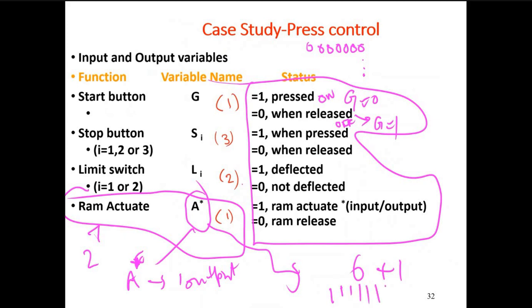This is the last row, this is the first. Put several in between, the various combinations. So 2 power 3 is 8, power 4 is 16, 2 power 5 is 32, 2 power 6 is 64, 2 power 7 is 128. You are going to have 128 rows. That means eliminate these two, and you will have 126 rows in between.